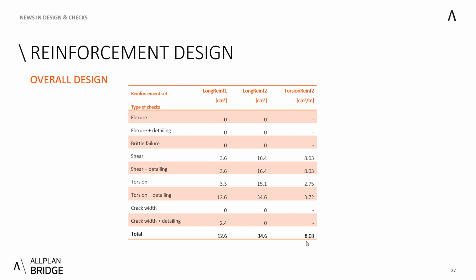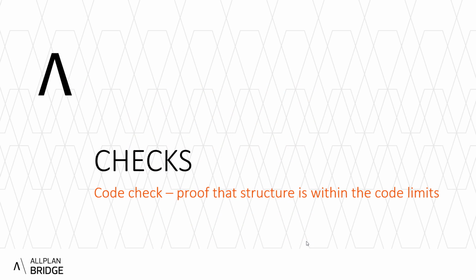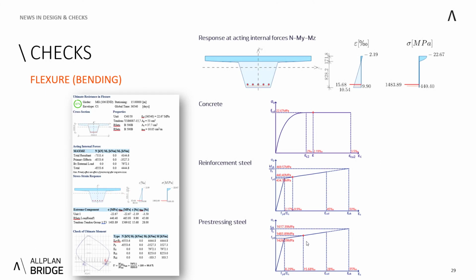So I believe that that's all for the design, how it looks like, how it's performed, and we can move to the last part of the presentation, which is the more detailed explanation of all the calculations considered inside the code checks. And it means that for already existing structures where you know the amount of the reinforcement area, or you let the Allplan Bridge determine it, you can perform the checks, which tell you that the structure is within the code limits, that the utilization is below 100%.